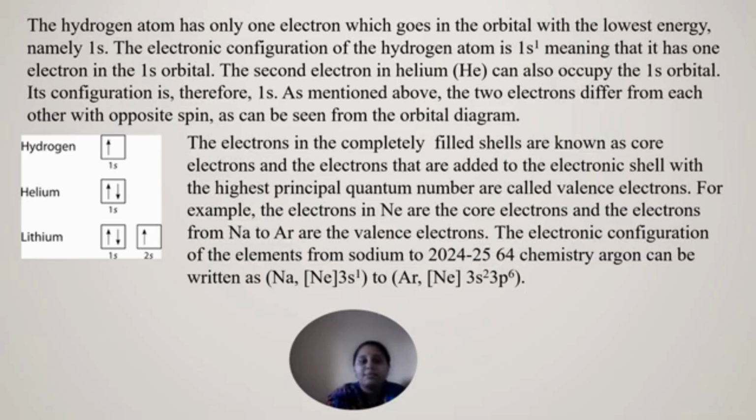In the same way, the electronic configuration from sodium to argon is written as Na: [Ne]3s1, argon: [Ne]3s2 3p6, in that way.